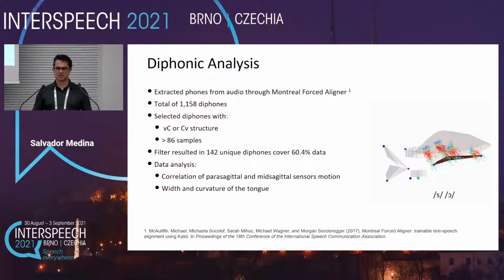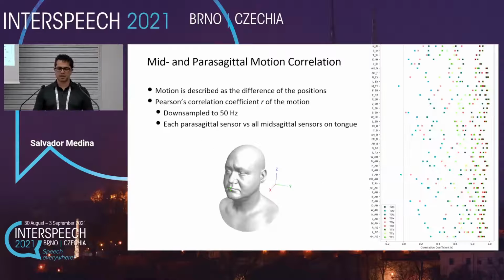And then we proceeded to a data analysis, a correlation analysis of the motion of the parasagittal sensors with respect to the midsagittal sensors. We also made an analysis on the width and curvature of the tongue, just to check how good the data was.